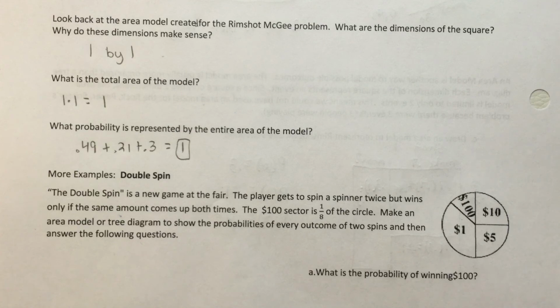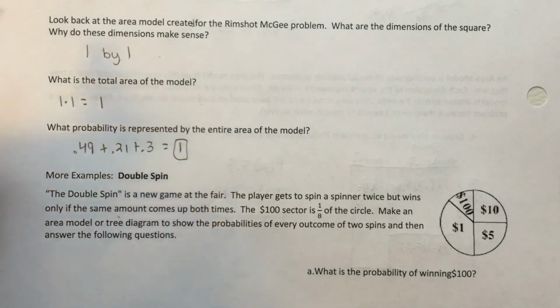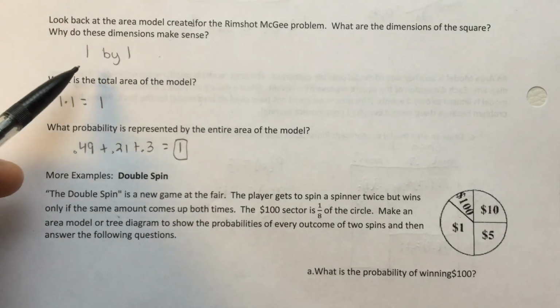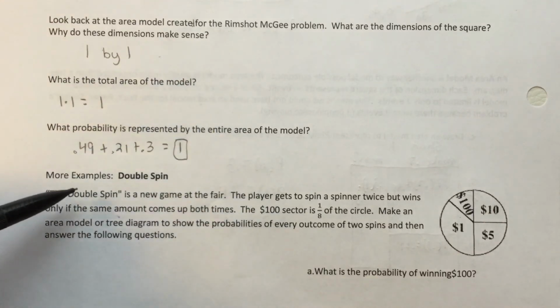So that's where we're getting the area model. The area is 1 by 1 always. The side length is always going to be 1 when you add it all up. The area is always going to be 1 when all the areas are added up as well. So that's our area model.